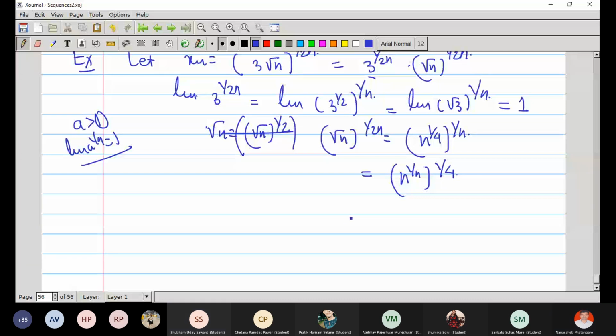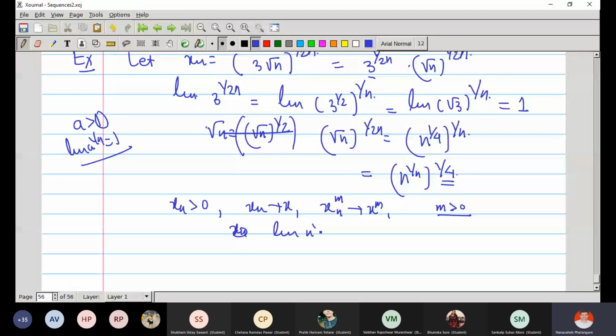Now if xn is a sequence of positive numbers and xn converges to x, then xn raised to any power m converges to x raised to m, right, if your power is positive. And therefore if your m is equal to 4, then it converges accordingly. So the limit of n raised to 1 by n is 1, right.